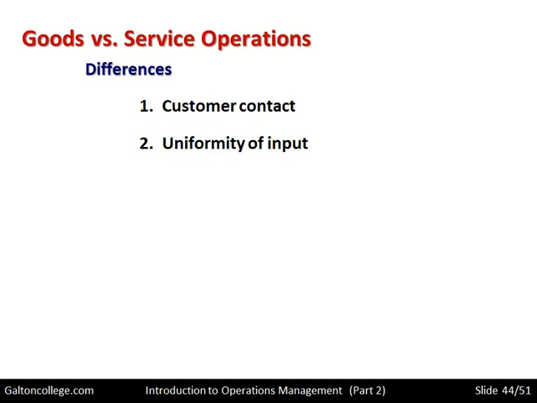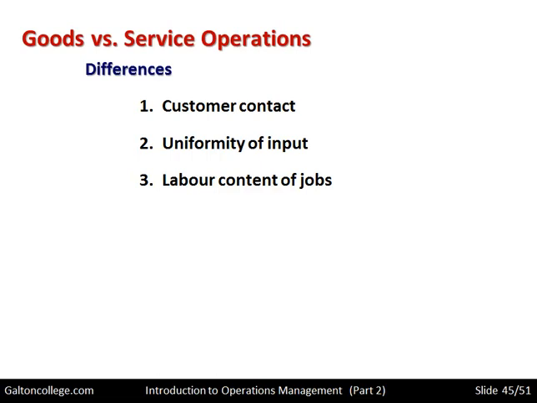Whereas with the service output, it may be tailored to the customer's requirements. There might be standard products within banks, for example, standard accounts, but there may also be some negotiation between the customer and the bank manager regarding credit facilities, for example. So there is a difference. The inputs are not the same.